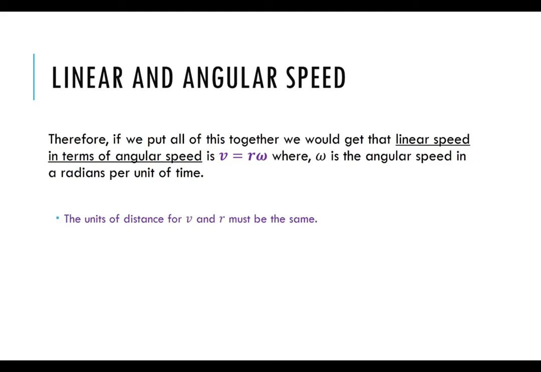For this formula to work out, the units of distance of v and r must be the same. Omega must be in radians per unit of time. And the units of time for v and omega must be the same. So you just have to make sure that your units match, and omega is in radians per time.